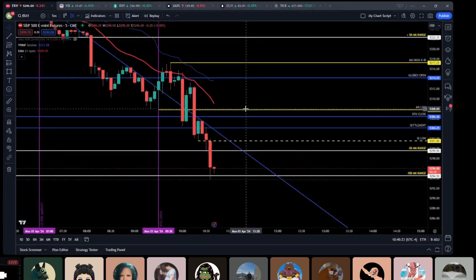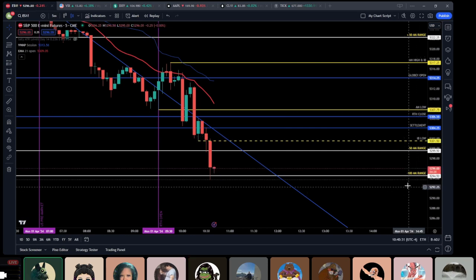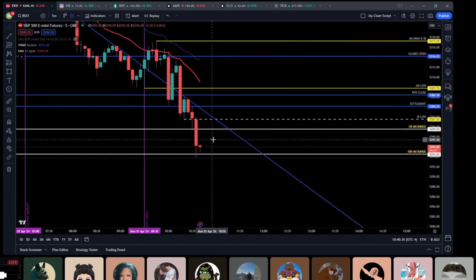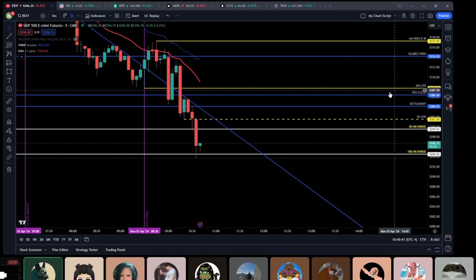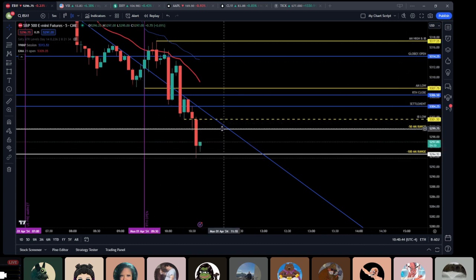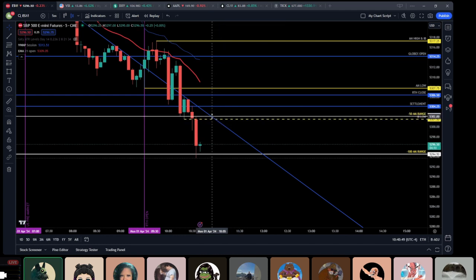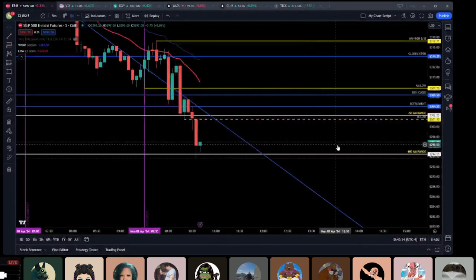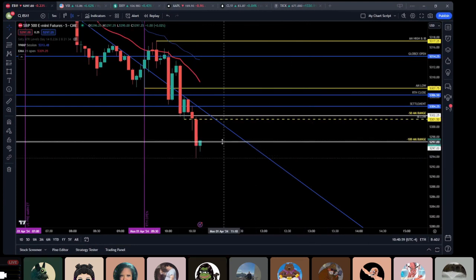So you would go 5 points out from your AM range low, right? So that makes it easy. Hold on, I didn't do my math right here. 10 points would be 5, so this would be 5102.25. So then 10 of that would be here.